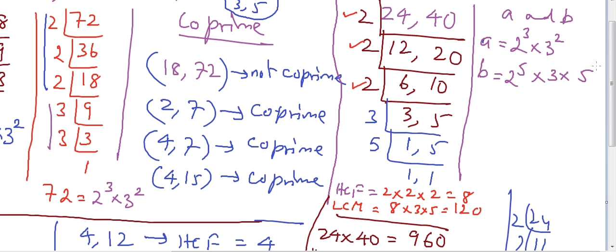Now we have prime factorized them. How do we find the HCF and LCM of A and B?